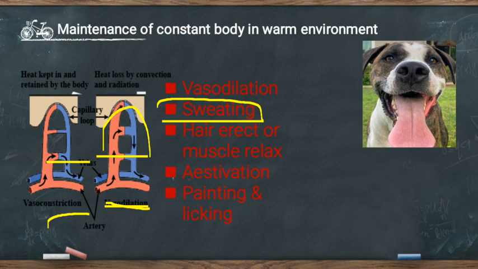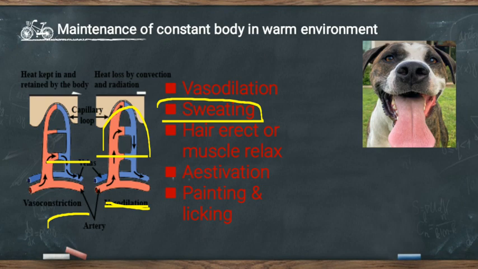In other words, the hairs on the skin surface lie close to the surface, and this reduces the insulation layer made up of warm air, and the body heat is easily dispersed away.